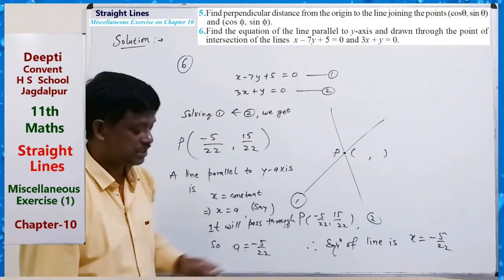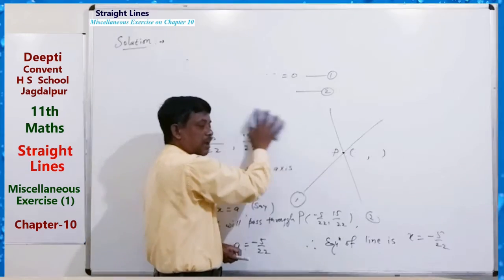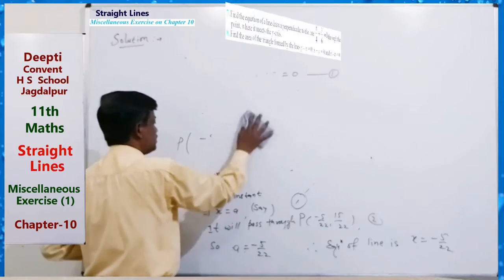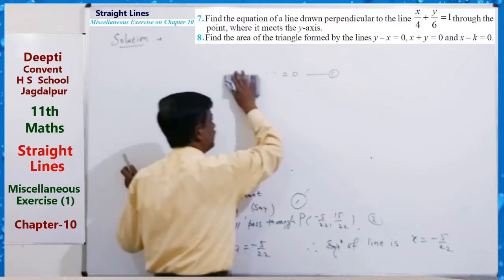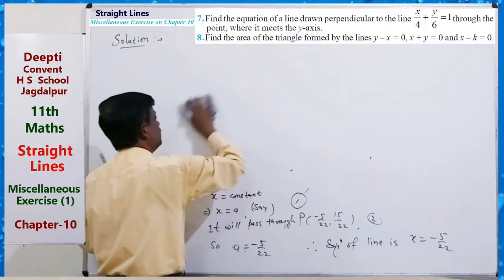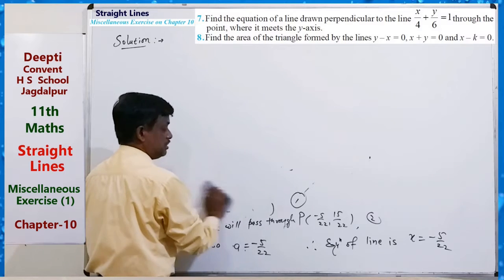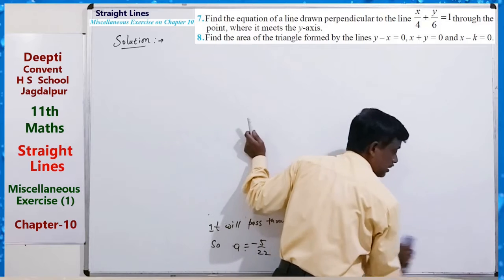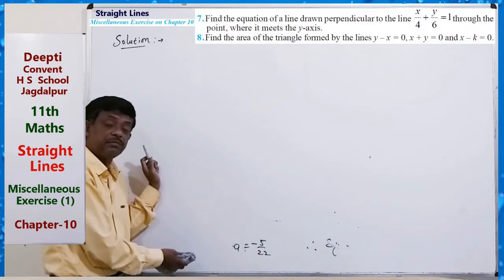Now question 7. Also see question 7. Find the equation of the line drawn perpendicular to the given line, through the point where it meets the y-axis. We have to find a line which is perpendicular to a given line, and it passes through the point where the given line meets the y-axis.